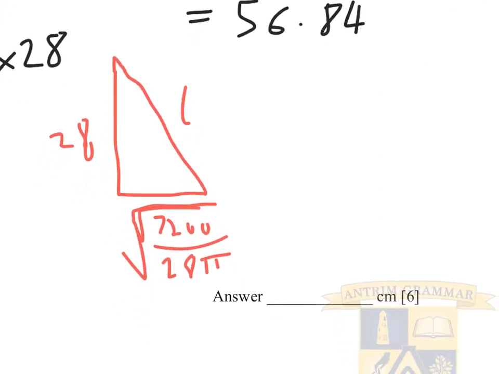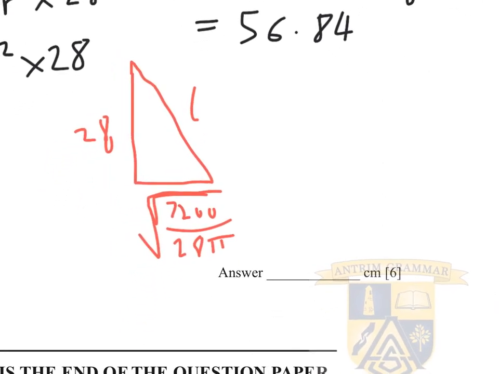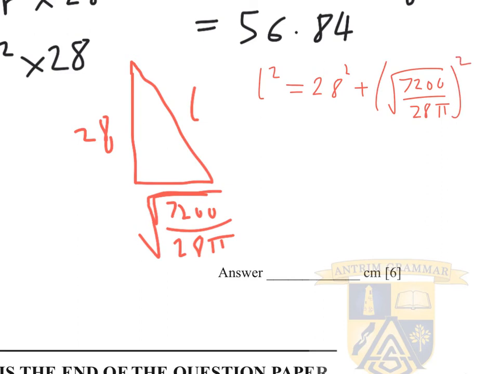Pythagoras' theorem says the longest side squared, so L squared, will equal the shorter side squared plus the other short side squared. What's nice about leaving it in that format is when you square something that's been square rooted, the square root will disappear. So you end up with 28 squared plus this here without the square root.